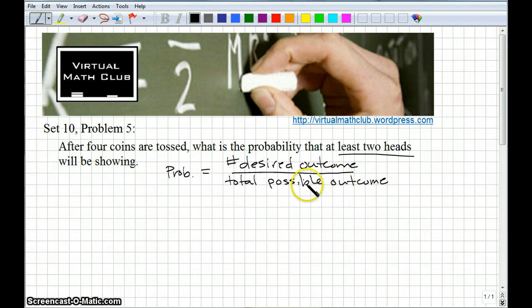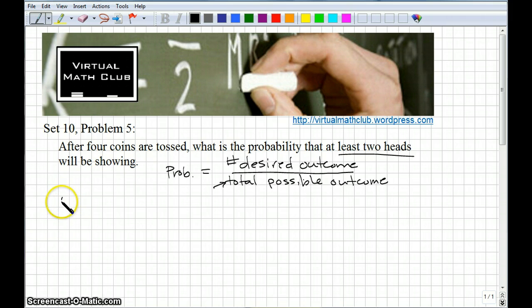So actually the easiest part of this problem is the denominator. So let's do that first. We're looking for the total number of ways that these 4 coins could come up. Now I could list them all out, but of course there's an easier way.